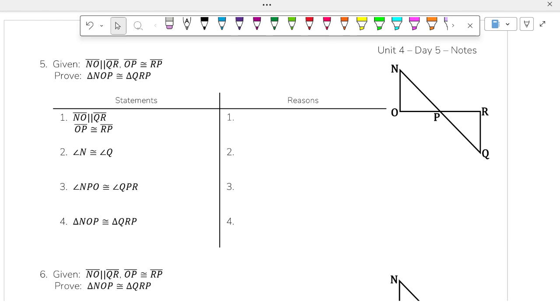Not technically, because reflexive is on the exact same.